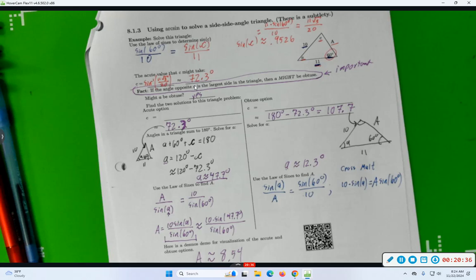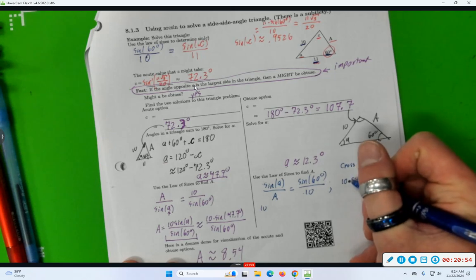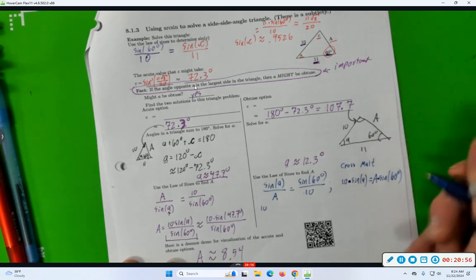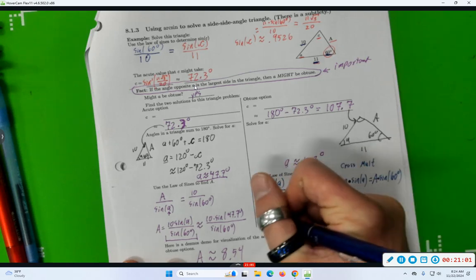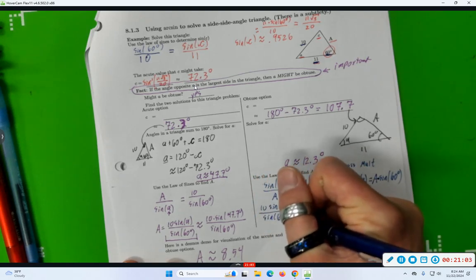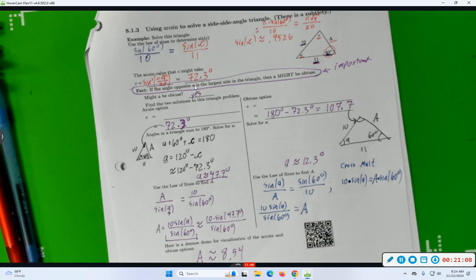And now what do you need to do if you want to get big A on its own? Divide by the thing next to it. So, doing that, 10, that's a multiply sign, not a subtract sign. 10 sine of A divided by sine 60 degrees is equal to the side length big A. Oh, cool.